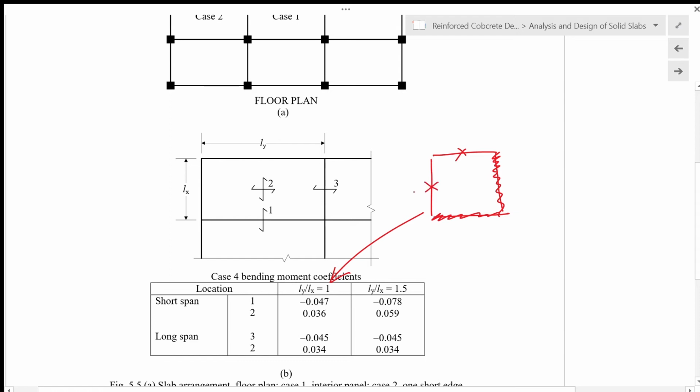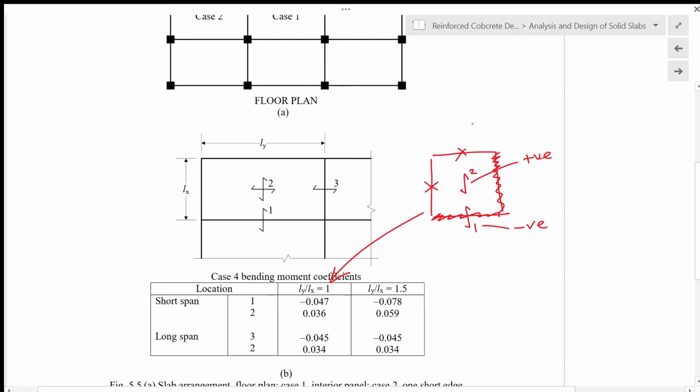For the short span moments we have two. One is moment number 2, and also we have moment number 1 at the continuous edge. So at this position here we have positive moment and we have negative moment across the support.